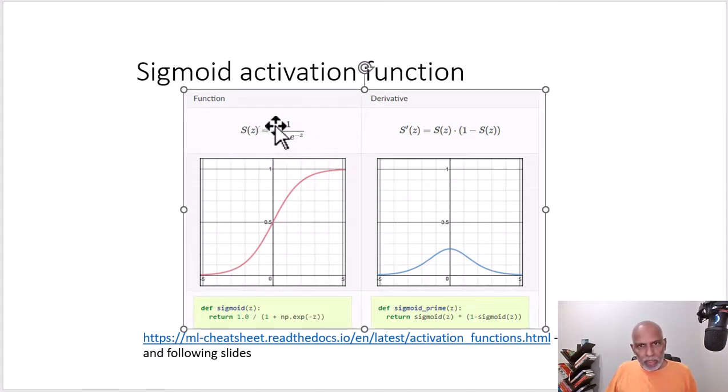Sigmoid is the logistic function, and the logistic function takes the input from minus infinity to plus infinity, and then transforms that between 0 and 1. So whatever the sum product is, negative or positive, it will map it between 0 and 1. And it is useful for yes or no type modeling, right?